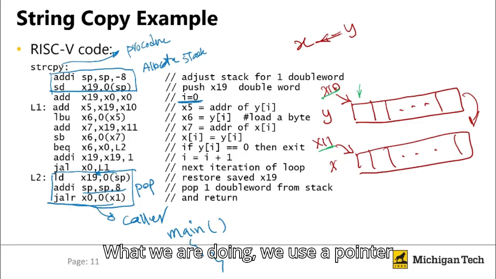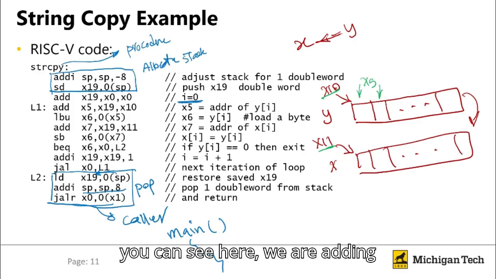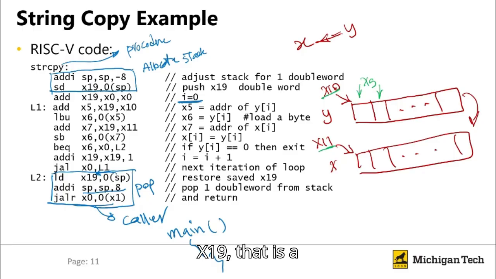What we are doing, we use a pointer called x5 to point to different characters in x10. As you can see here, we are adding x19, that is a counter, with x10, that is a base address, and add that to x5, and x5 is the address of y0.